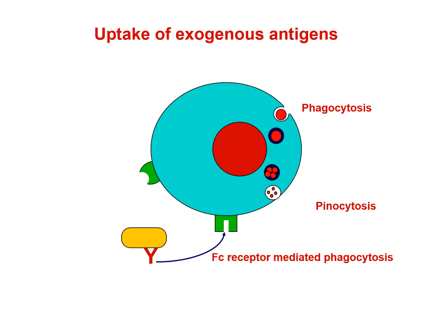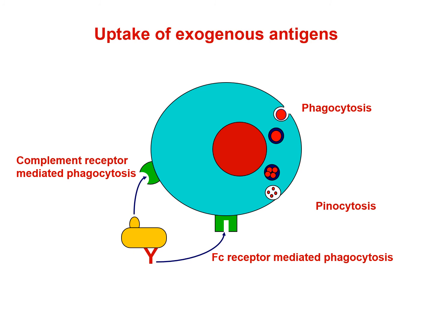After the foreign antigen, as the one seen here, is recognized by the antibody, the Fc portion of the antibody might bind to the Fc receptor, and this might lead to uptake of the foreign antigen via Fc receptor mediated phagocytosis.